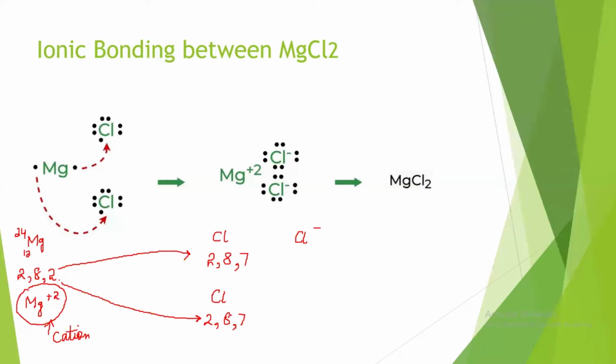And this chlorine has also gained 1 electron, so it has also become an anion. So how does the formula actually come about? We know Mg has a +2 charge, while chlorine has a negative charge. So the charges cross over, and the formula becomes MgCl2.